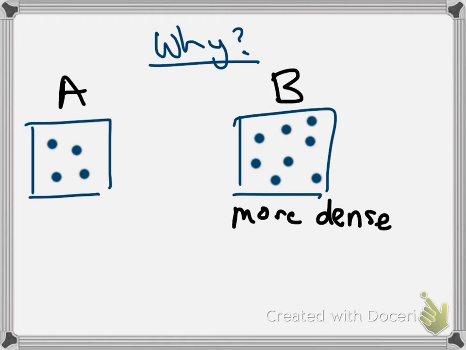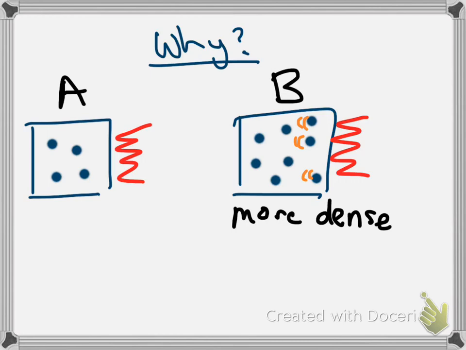So if we were to expose both of these to some heat, there's my heat, that heat would cause these molecules to move. These molecules would start jiggling around a little bit. So here they're moving. Only the molecules right next to the heat would start moving.